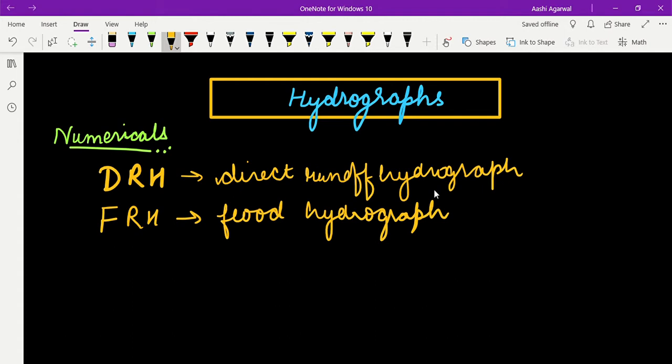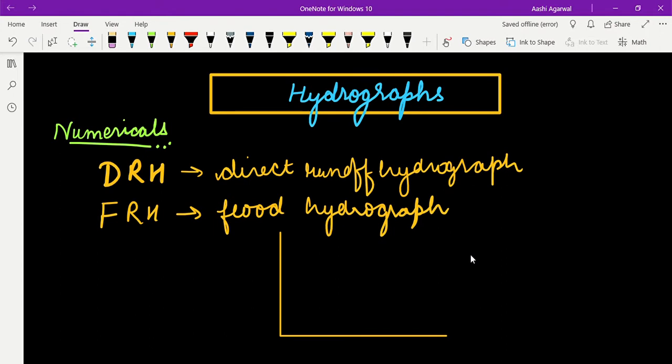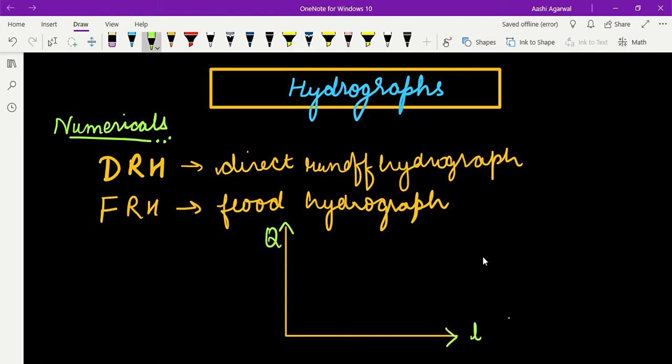Now, if I plot FRH and DRH on the same graph, here on the y-axis I am denoting discharge, and on the x-axis I am denoting the time.